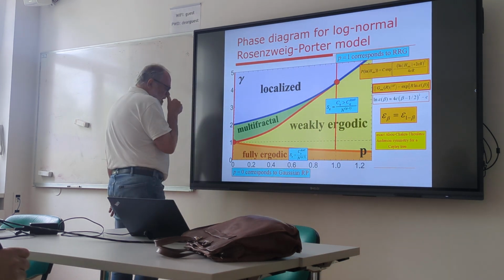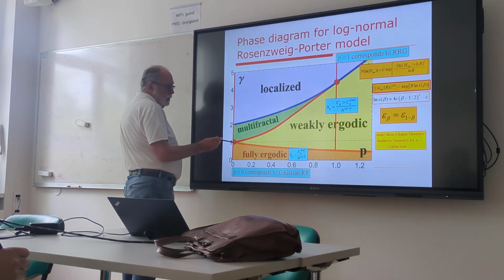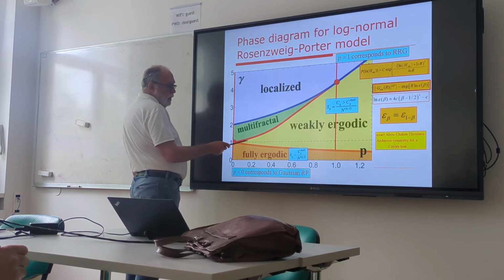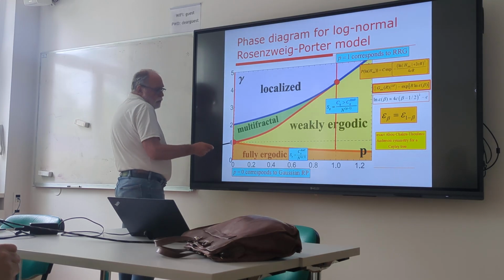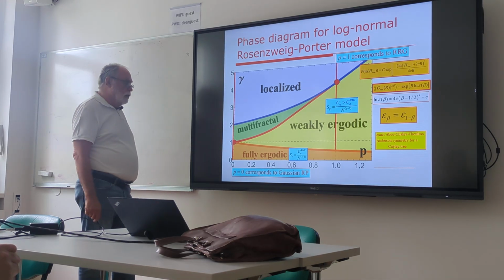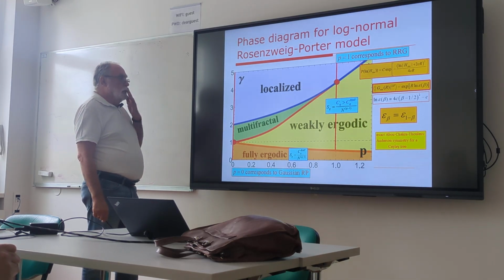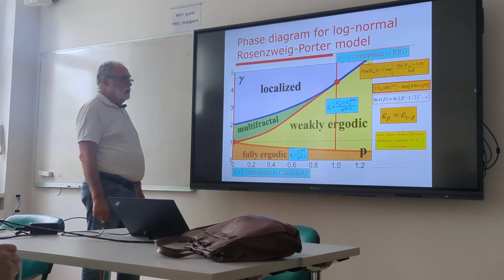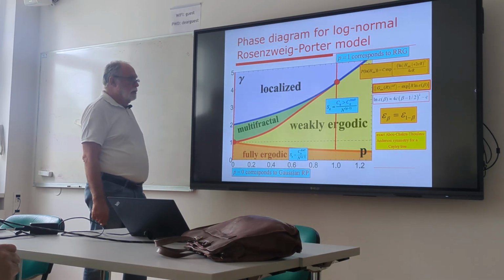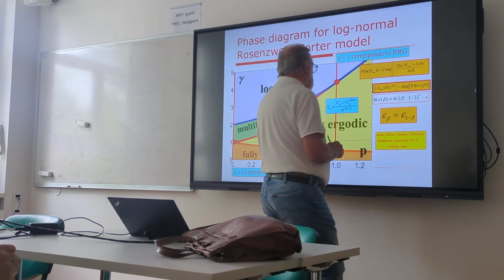Also, in this point, several phases meet, but what meets here is the multifractal phase, the fully ergodic phase, and the weakly ergodic phase. So if you wish, this is also a very critical point. So the phase diagram is quite complex.